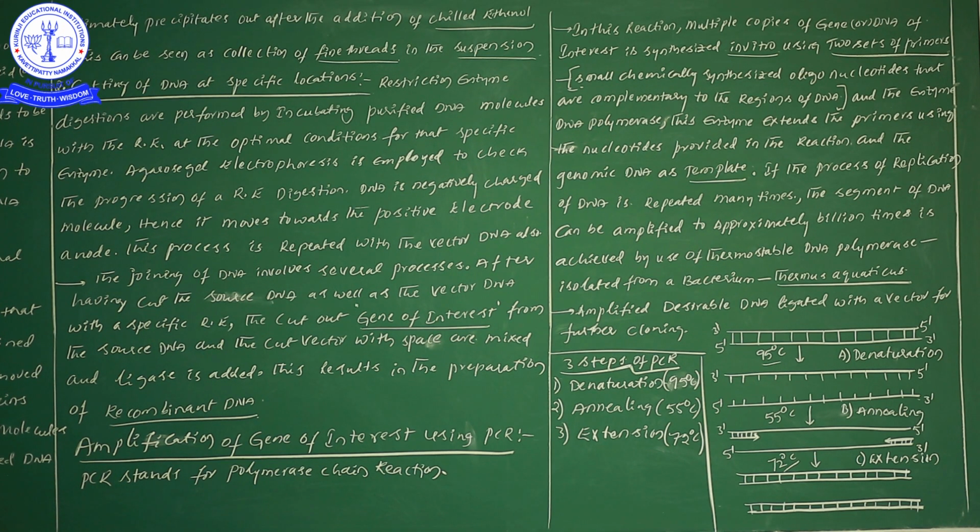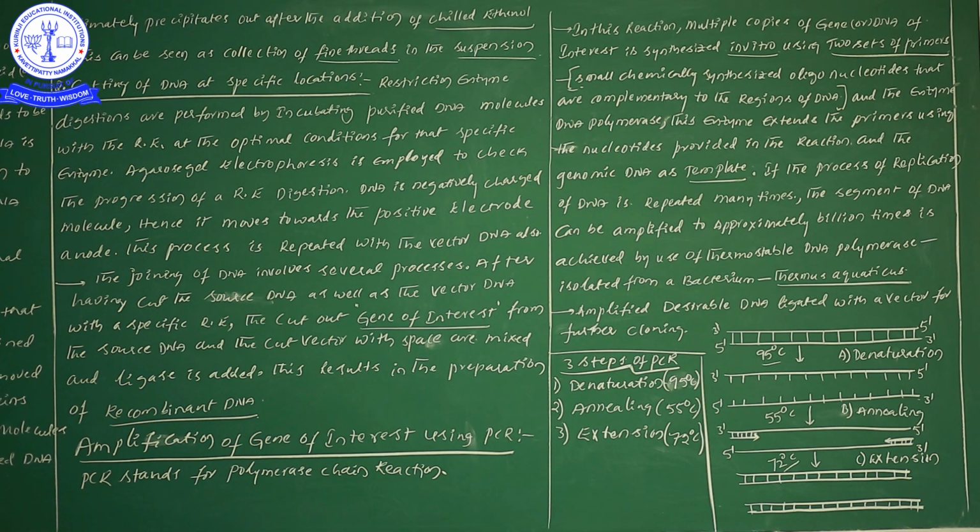Thermostable DNA polymerase enzyme. This enzyme has been isolated from Thermus aquaticus. Where is this bacterium present? It is present in places like hot springs, like we see on the Discovery Channel. In that particular area.